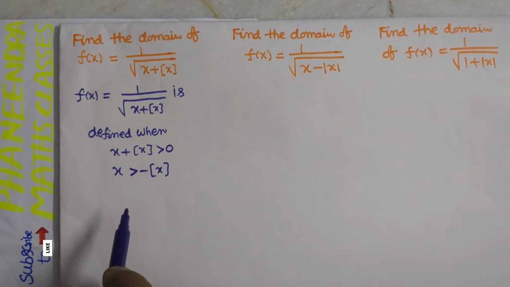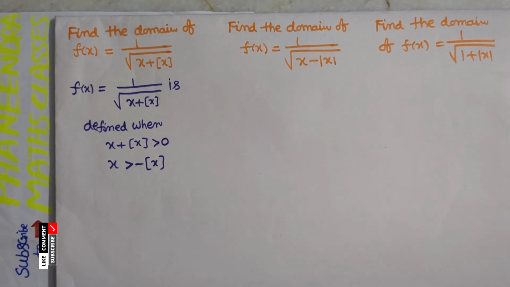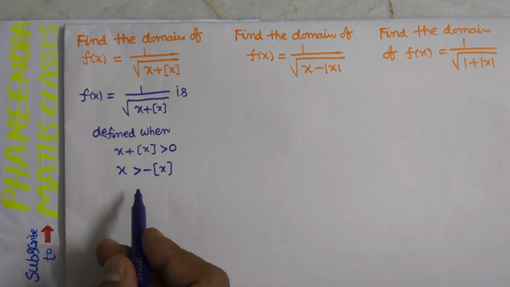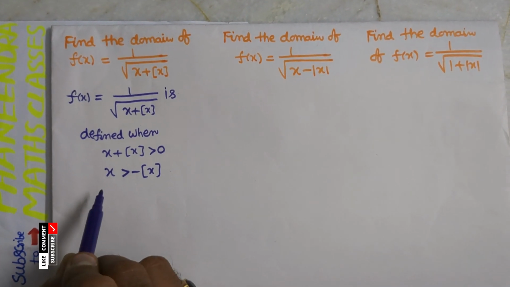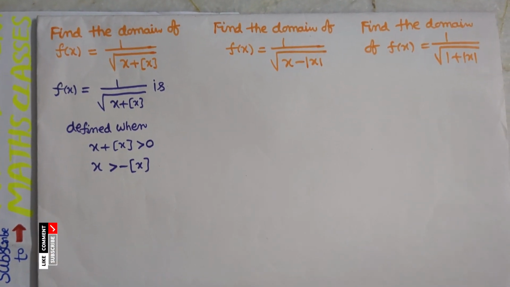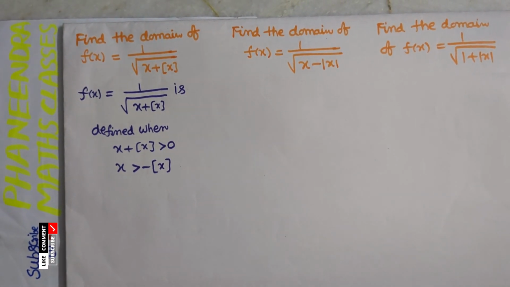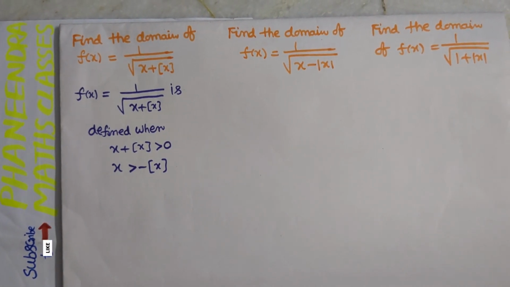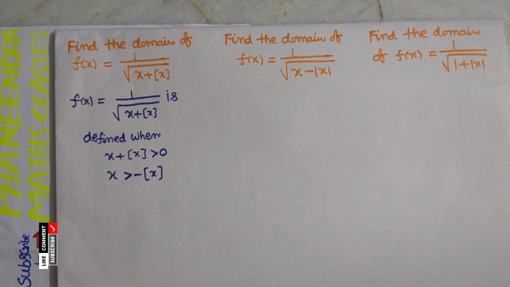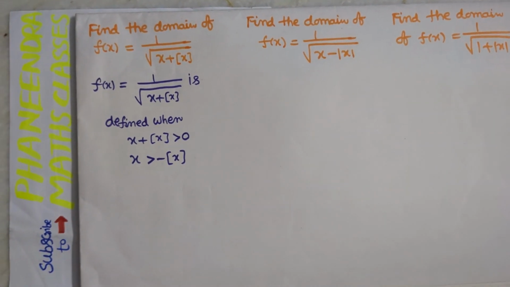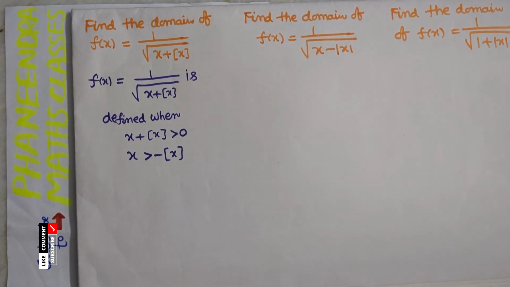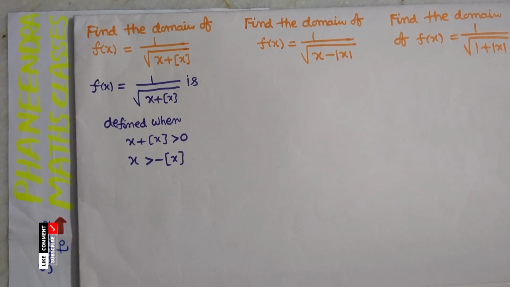This will be applicable for only x greater than 0. See here, in place of x, substitute values greater than 0. Once x equal to 1, 1 is greater than minus of mod 1, so minus 1. 1 is greater than minus 1. X equal to 2, you take it, 2 is greater than minus 2.